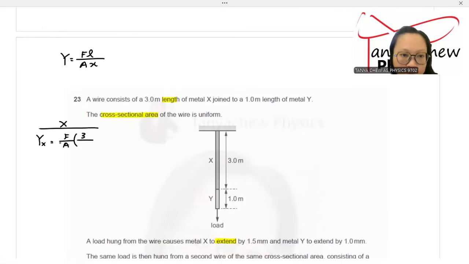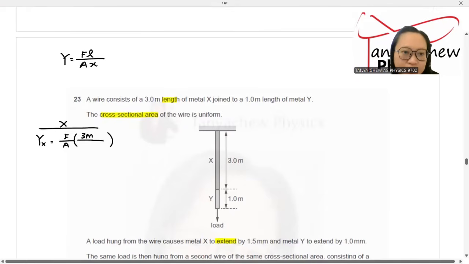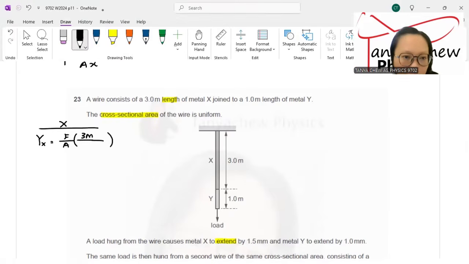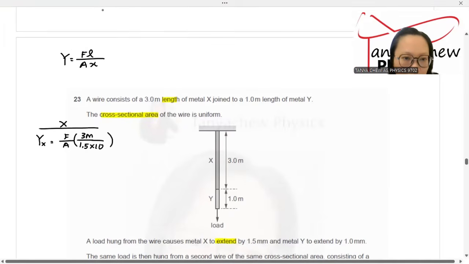Okay, I just get the ratio. Is that okay? If you want me to convert to the standard unit, yes, not a problem. So I just convert to the standard unit. This is 1.5 times 10 to the power of -3 meter.